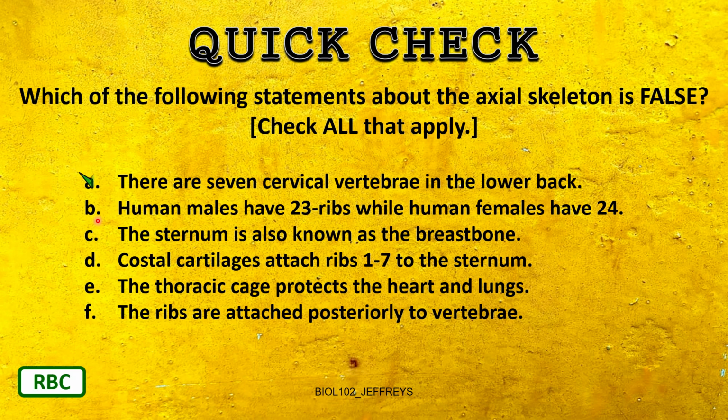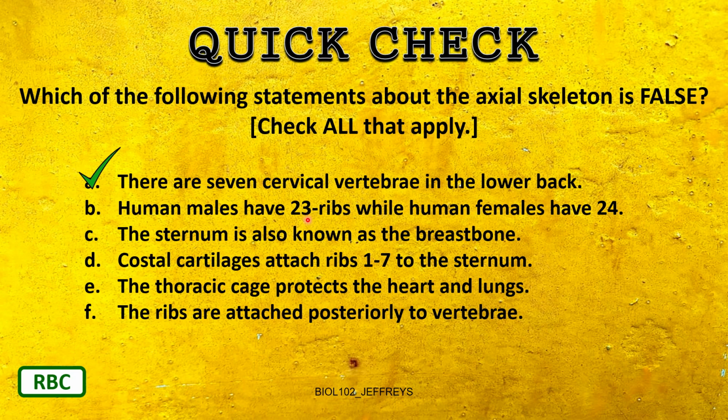So that's definitely false. Human males have 24 ribs while human females have 23. Where does that even come from? Well, if you know the story of Adam and Eve in the Bible, I'm not getting religious on you here, but it's an interesting story. If you believe that God took one rib of Adam and made Eve, that brings up the idea that females have 23 ribs, males have 24.